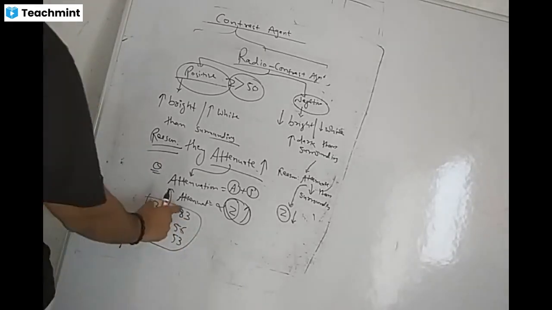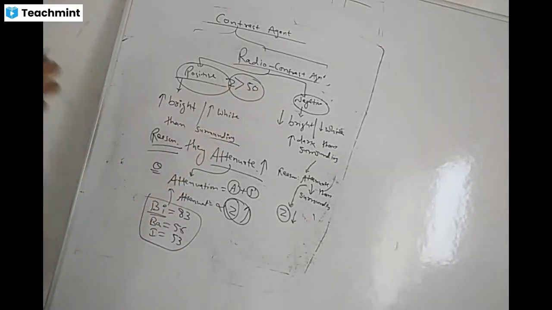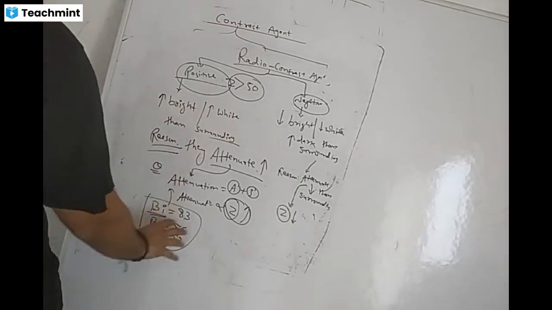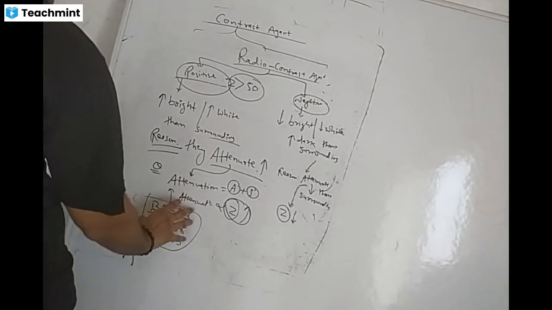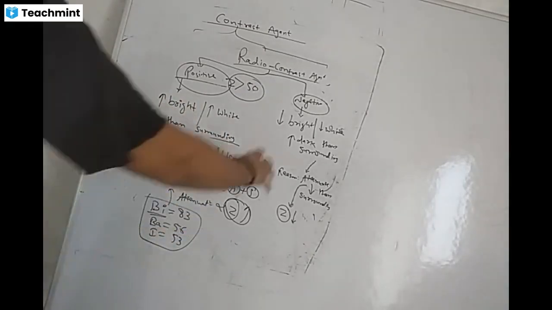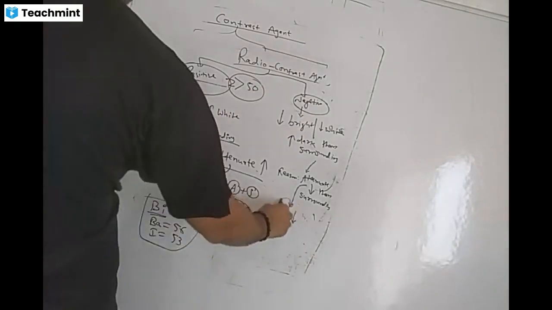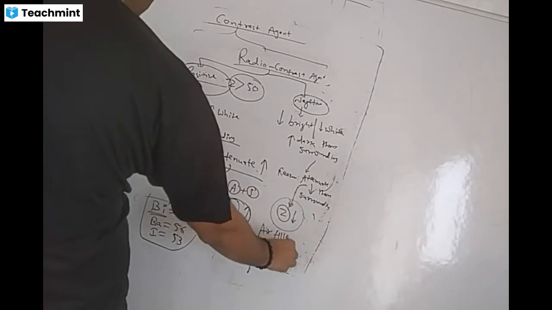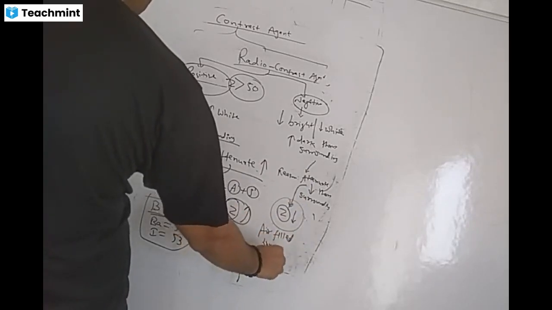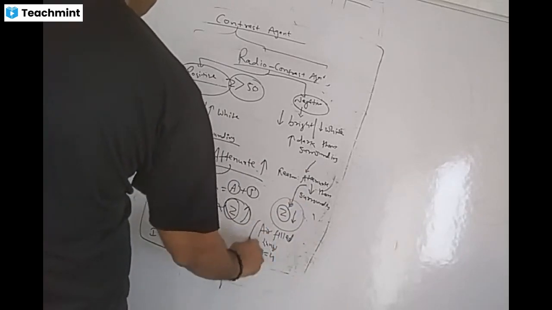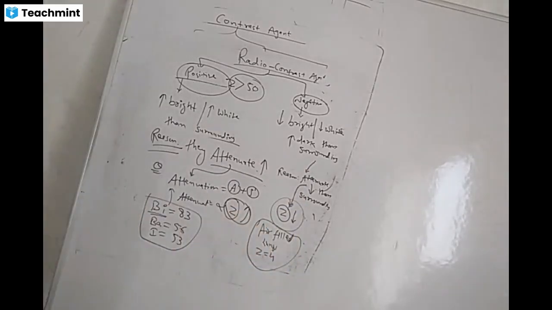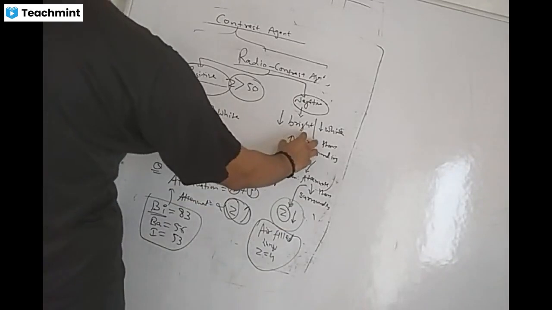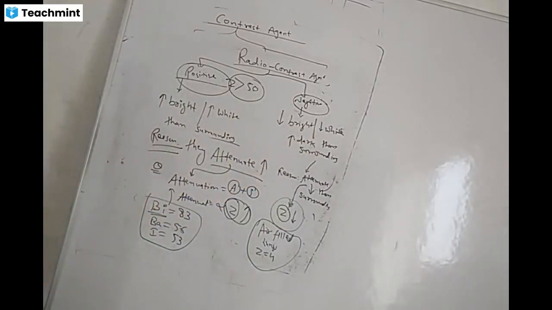So these have atomic number more than 50, which means they will appear brighter and whiter than the surrounding. In contrast, negative agents have a low atomic number, like 4 only. Less atomic number means less attenuation, so they give a darker appearance.